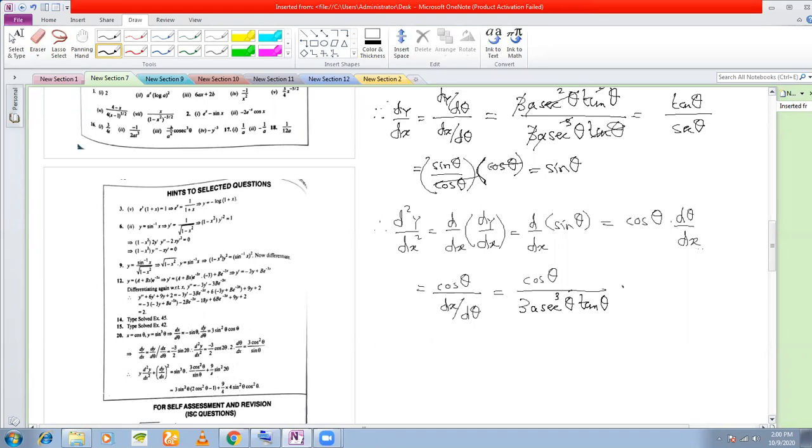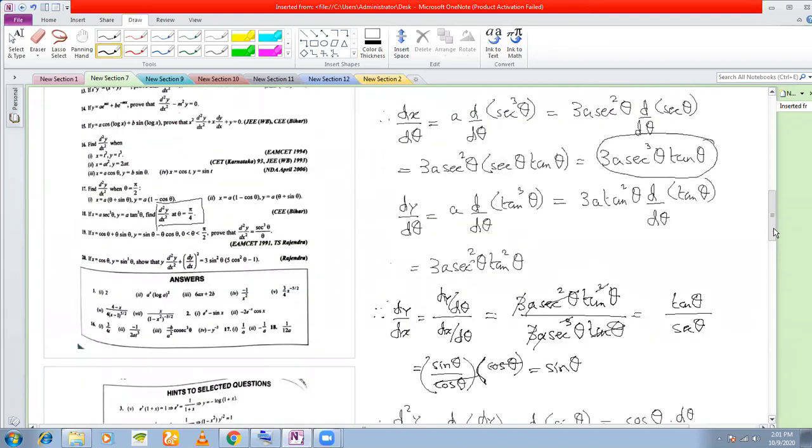So I convert everything to sine and cos. Cos theta by 3a, 1 by cos cube theta into sine theta by cos theta. So I get cos to the power of 5 theta divided by 3a sine theta. This is what I am getting for d2y dx2.